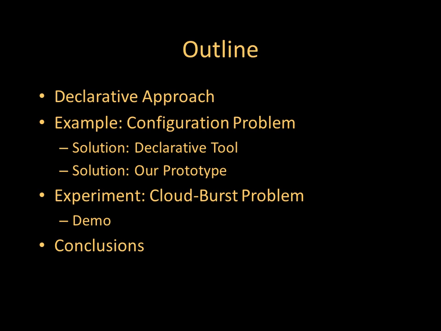And we will show you how our prototype can overcome this shortcoming. Later on, we will present a demo of how this prototype can address a configuration problem in a cloud burst scenario. Finally, we will give you the conclusions of our work.